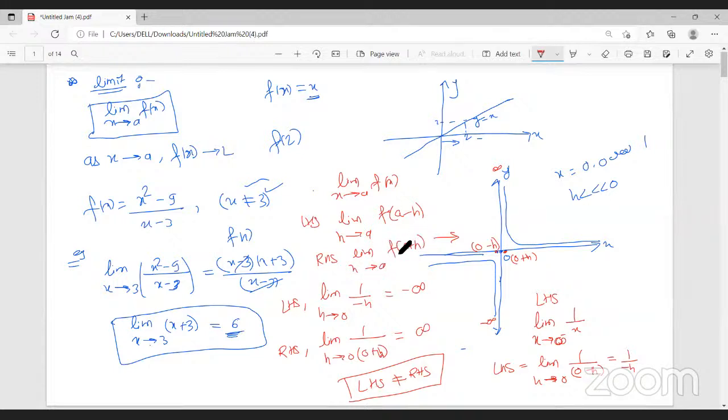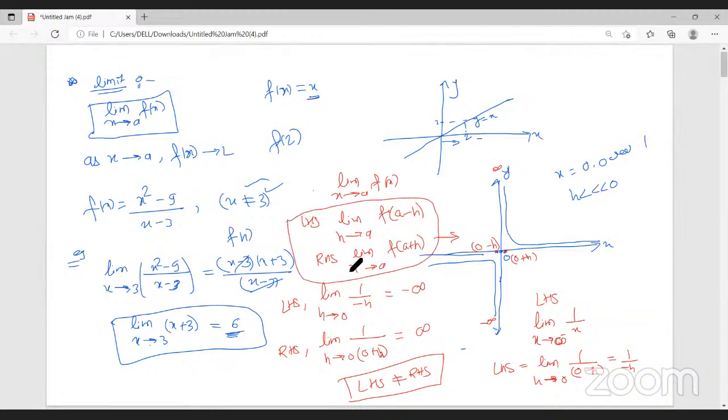These must be equal. Then I can say my limit will exist. This h is very, very small, so when h tends to 0, I can reach this particular position, right?